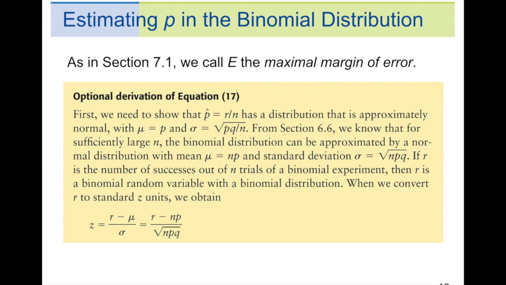If r is the number of successes out of n trials of a binomial experiment, then r is a binomial random variable with a binomial distribution. When we convert r to standard z units, we obtain z equals r minus mu over sigma, which equals r minus np over the square root of npq.